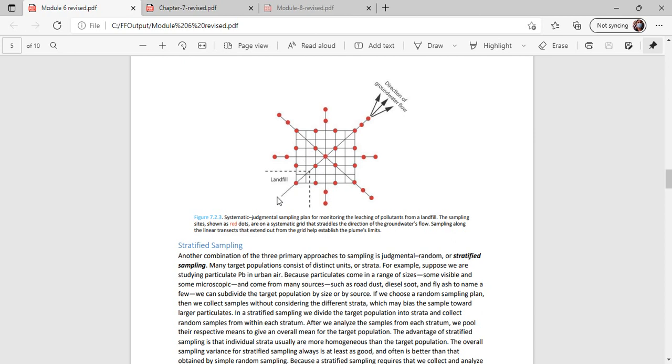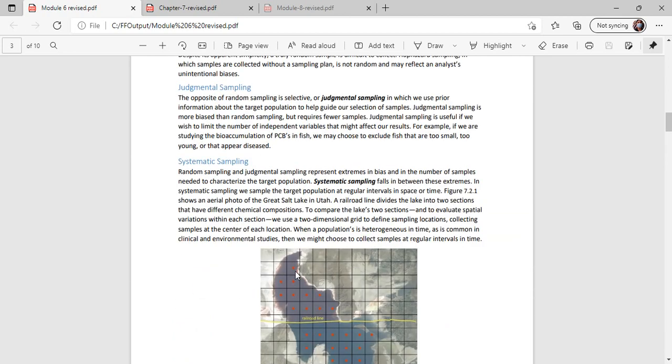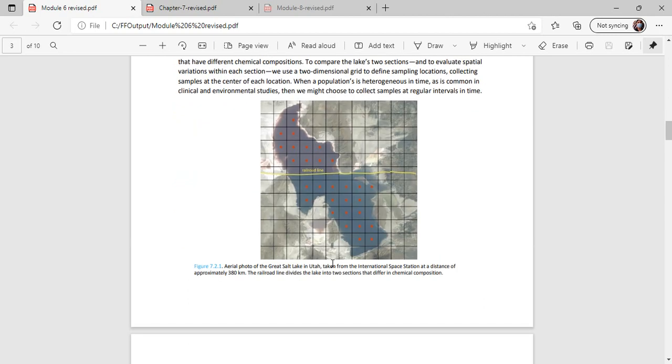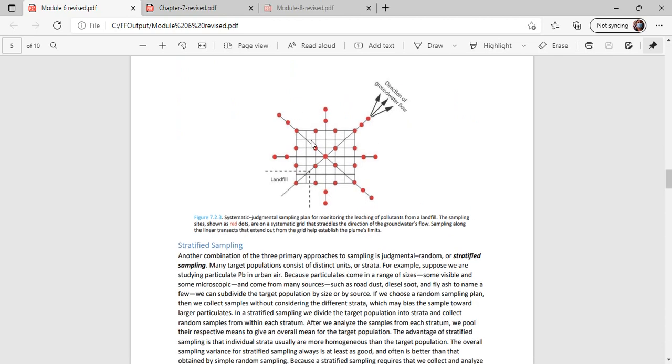The sampling sites are shown as red dots for the systematic sampling. The red dot is the location, and it will be your sampling area. It works on a grid, but not at every center, rather at every intersection. So that is where the sample is taken.